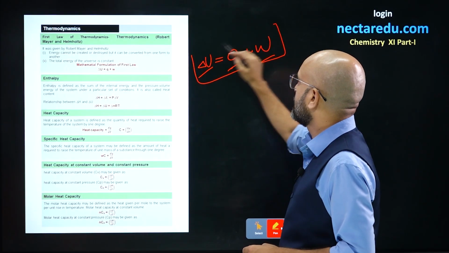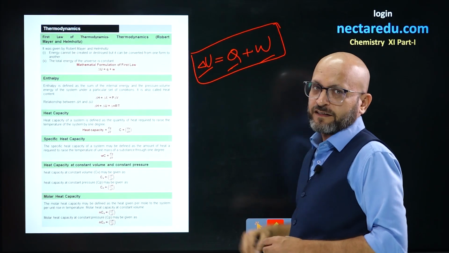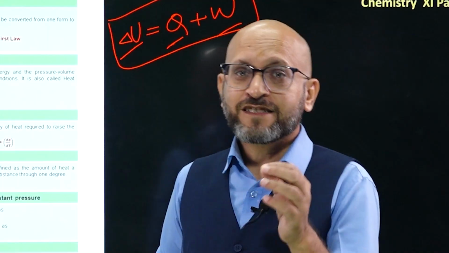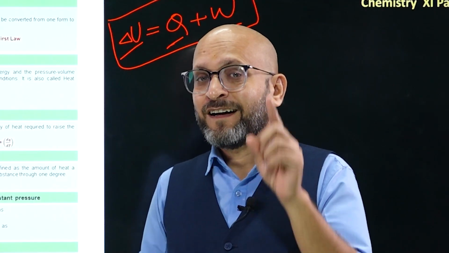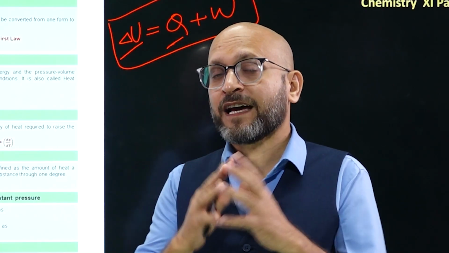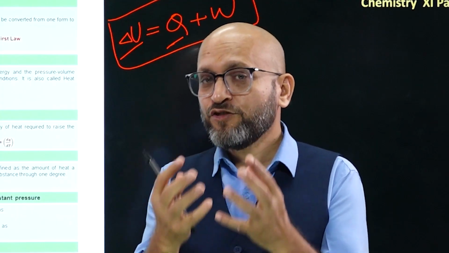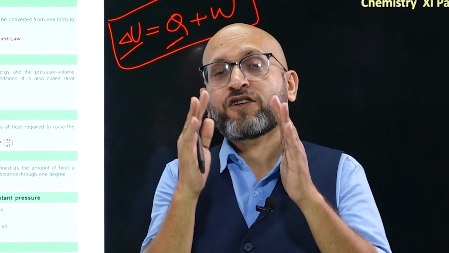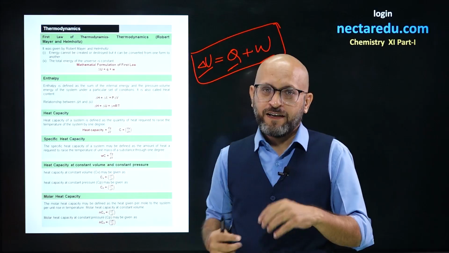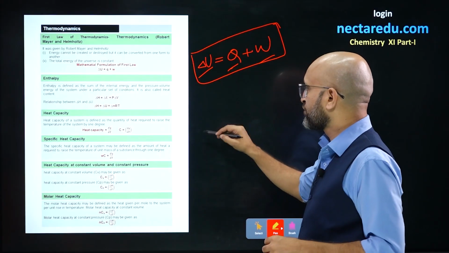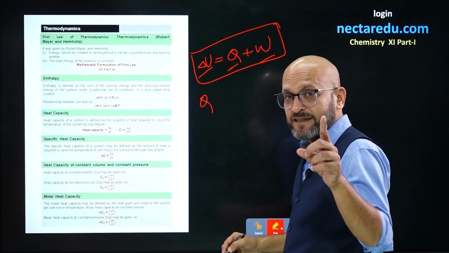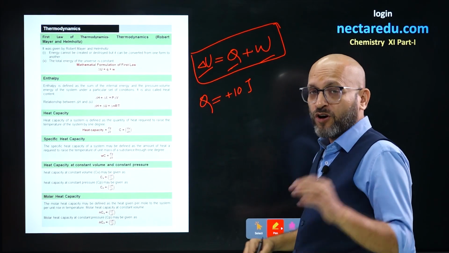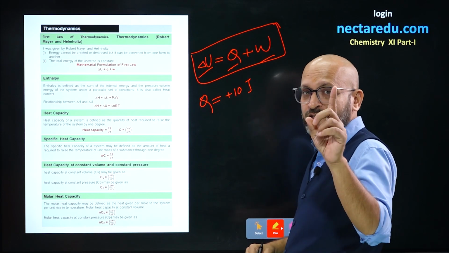Alright, so we have this formula to calculate change in internal energy. While solving numericals, just remember that we have to take the sign according to sign convention for the values we have been given. For example, if a system absorbs heat of 10 joules, we take plus 10 joule, because for absorption Q is positive.